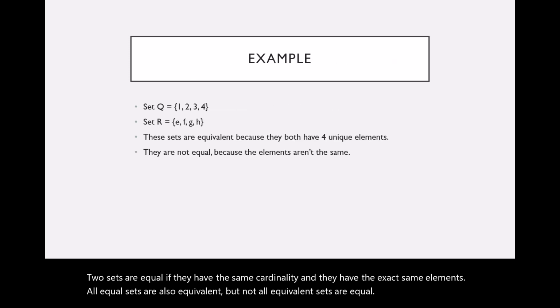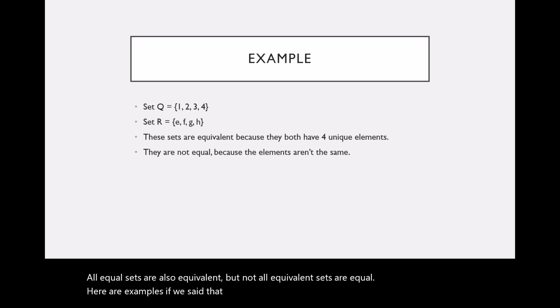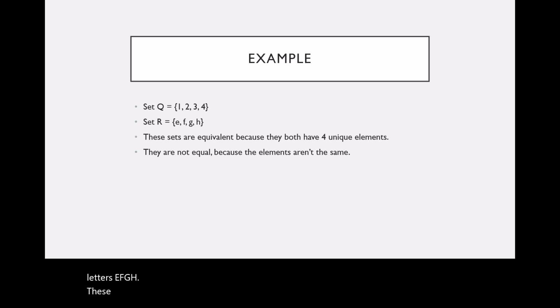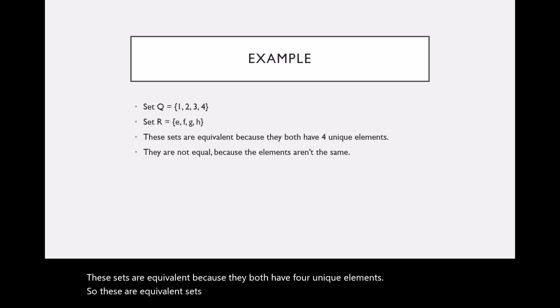Here are examples. If we said that set Q consists of the numbers 1, 2, 3, 4, and set R consists of the letters E, F, G, H, these sets are equivalent because they both have 4 unique elements. So these are equivalent sets. They are not equal because the elements aren't the same.